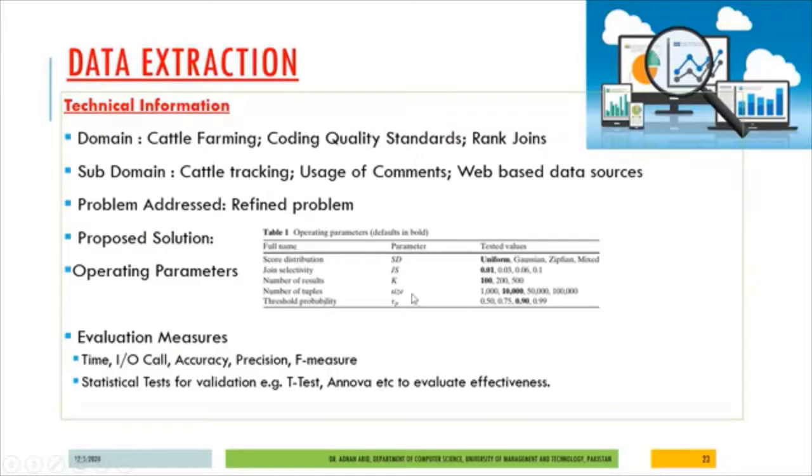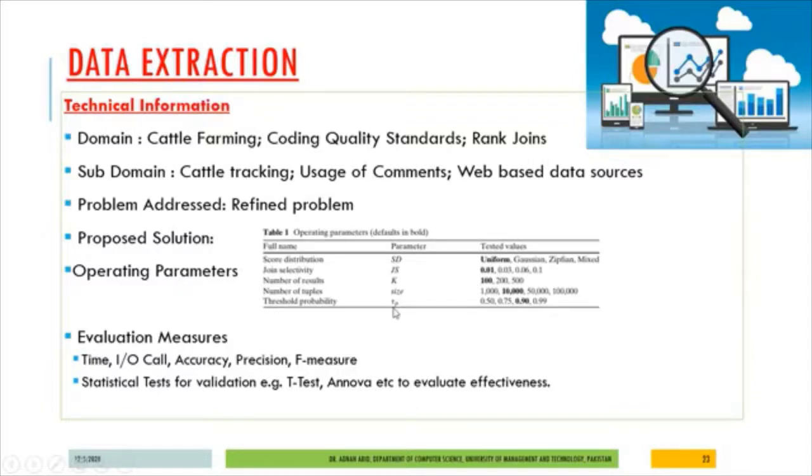The number of tuples or the size of the data in 2 or 3 tables which are involved, and in the probabilistic approaches, the threshold probability. So the type of solution which is proposed helps us in identifying the possible parameters whose variations can influence the results of the approach.